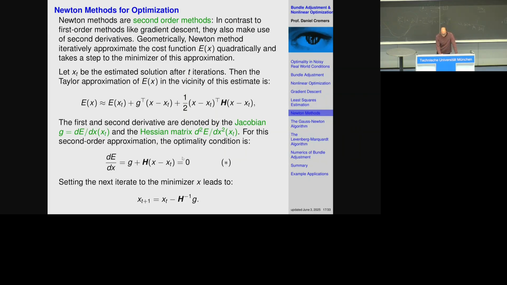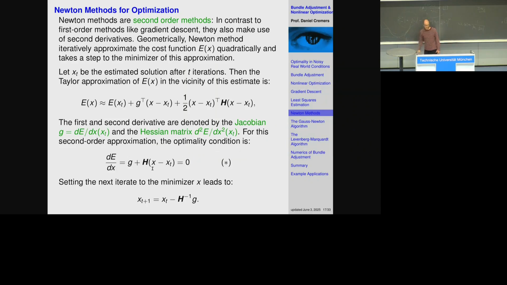Now we set this to 0, and surprise, surprise, it's a linear equation. It was built that way. It's a quadratic fit, so once you take the derivative, you get a linear equation system that you can solve, and the solution is just given by xt minus H inverse times g. If I solve this with respect to x, I find the next update.